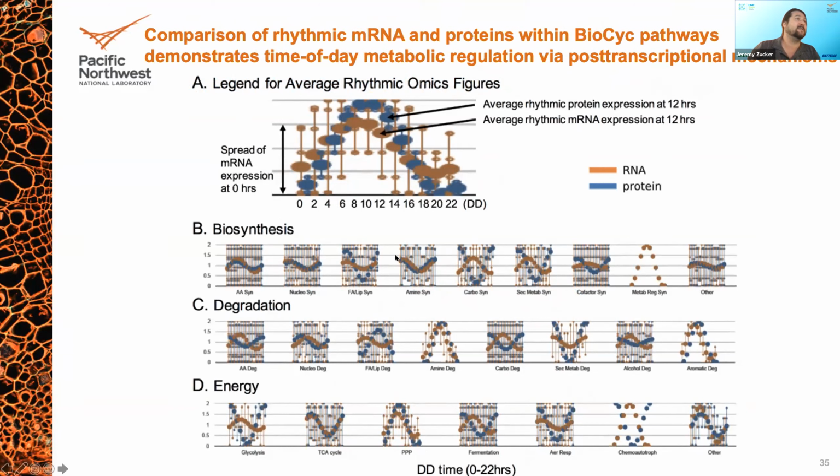And so again, for example, with amine synthesis, they are in phase with each other, but with carbohydrate synthesis, they're 180 degrees out of phase with each other. And in other cases, they're slightly out of phase with each other. And so it was interesting to analyze their circadian rhythms from this perspective.